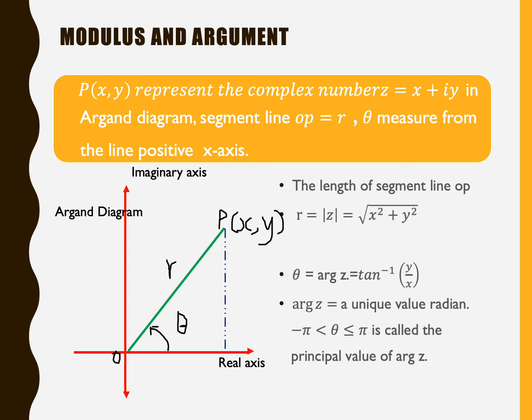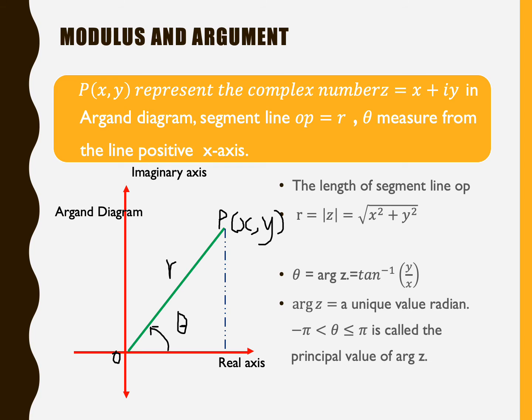The segment OP is represented by r, that is the modulus of the complex number z, calculated by square root of x squared plus y squared. And theta is calculated from the positive x-axis or real axis. That is argument z equal to arctangent y over x.